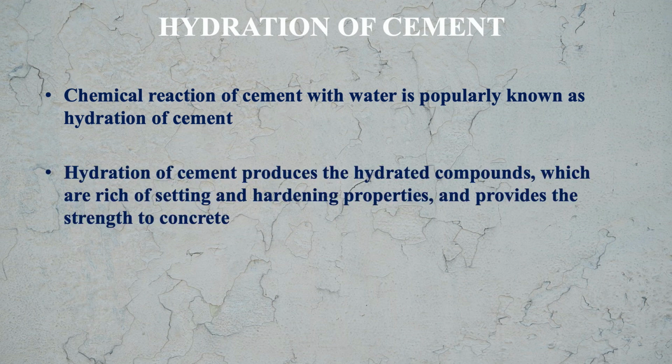The hydration of cement produces the hydrated compounds which are rich of setting and hardening properties and provides the strength to the concrete. Means what happens when you add water to the cement? Then the chemical reaction occurs, and this chemical reaction is called hydration of cement.